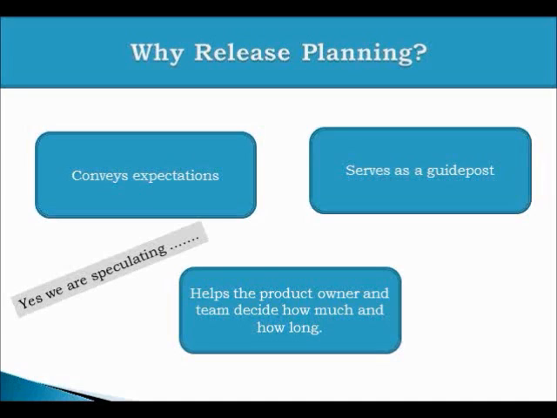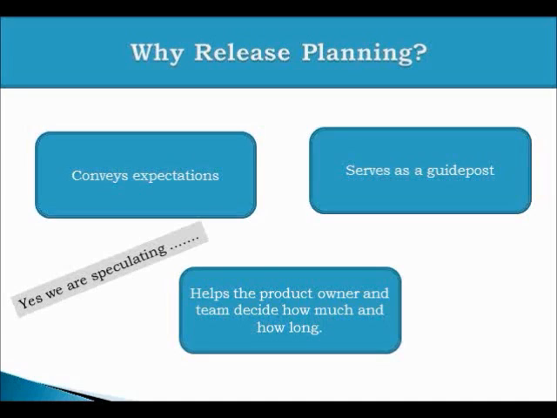It serves as a guidepost, because by monitoring a release plan, we can control the scope creep. We can control the changes which are getting proposed in a release backlog. It also helps a product owner and team decide how much work can be done and how long it will take.